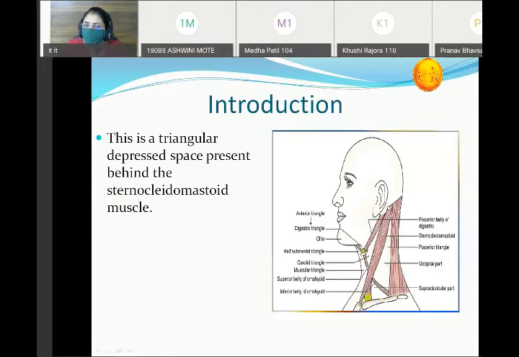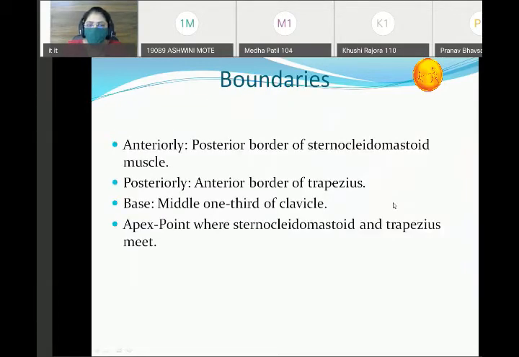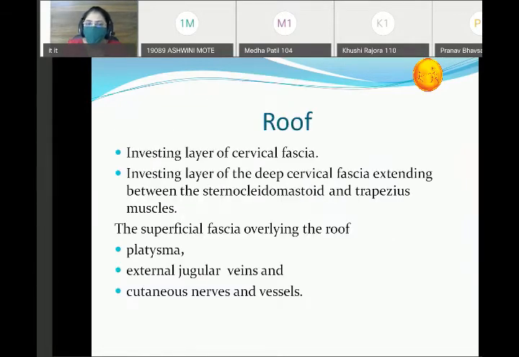The apex of the triangle is formed by the joining of these two muscles, sternocleidomastoid and trapezius, over the superior nuchal line. The roof of this triangle is formed by the investing layer of the deep cervical fascia, which extends from the sternocleidomastoid anteriorly to the trapezius posteriorly.